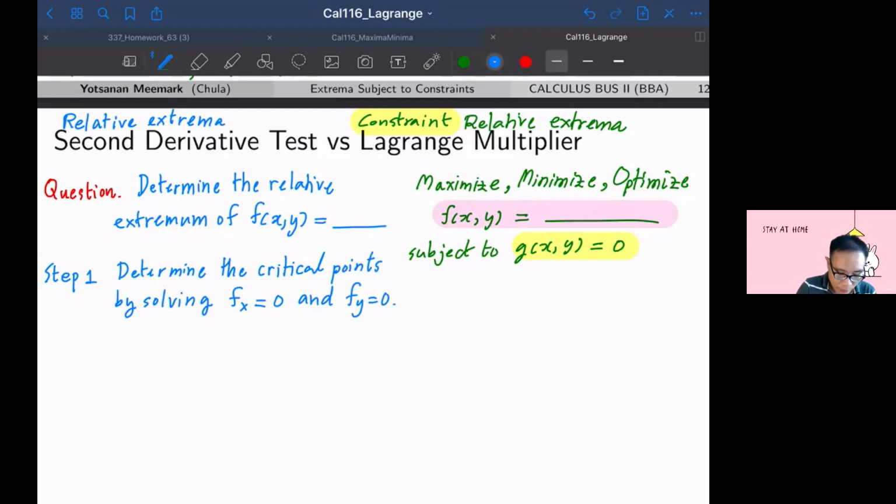Okay, so step one for Lagrange multiplier will be: you're gonna form what is called the function F(x,y,lambda) equal to f(x,y) plus lambda g(x,y).